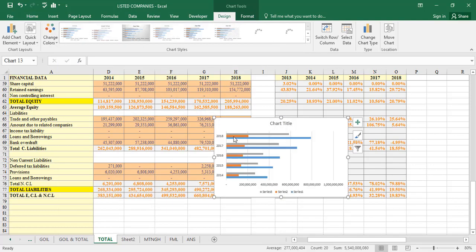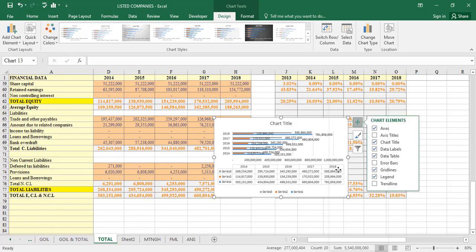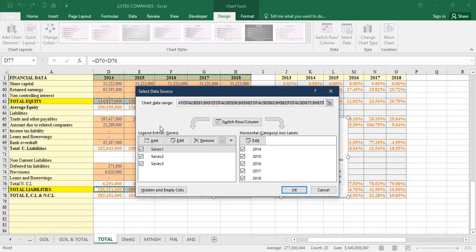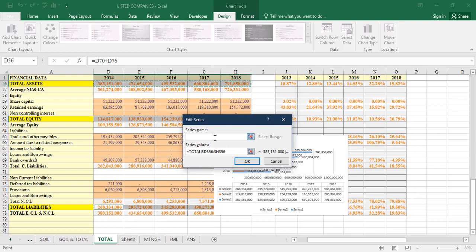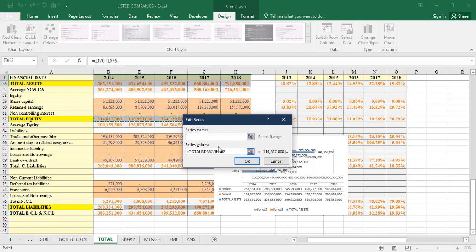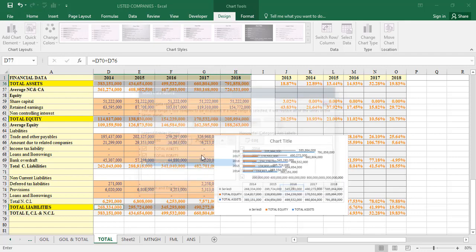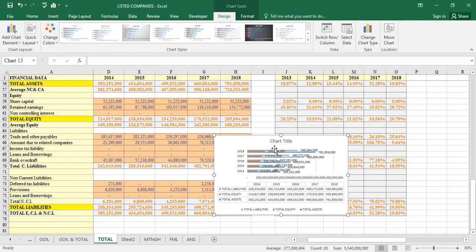Okay, good. Now let's showcase our data labels and then rename it. Let's change the names, the series. We have the first one being total assets. We have the second one being total equity, and then we have the last one being total liabilities. Okay, so there we have it.